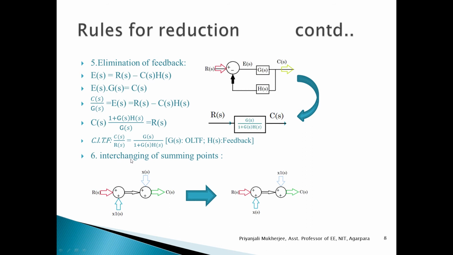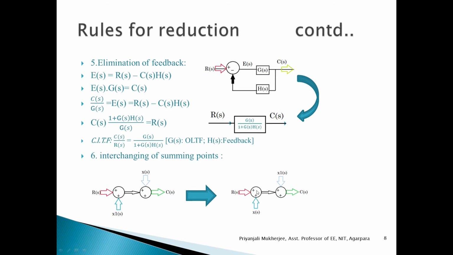The next one is the interchanging of summing points. Here, for the first summing point, the inputs are R(s) and X1(s), and the output of the first summing point is the input of the second summing point, whose other input is X(s). So overall C(s) is equal to the summation of R(s) plus X1(s) plus X(s). Now these two summing points can be interchanged.